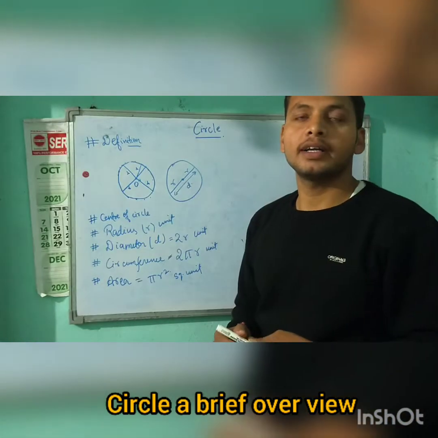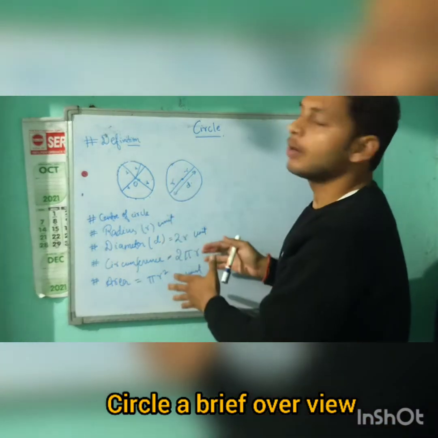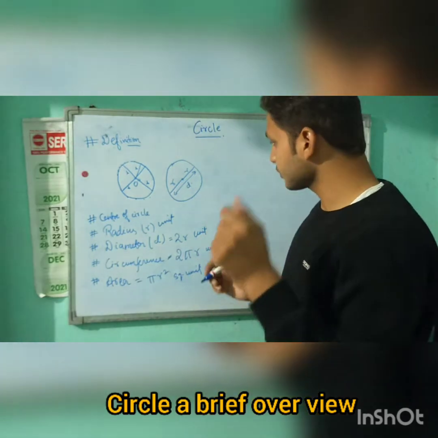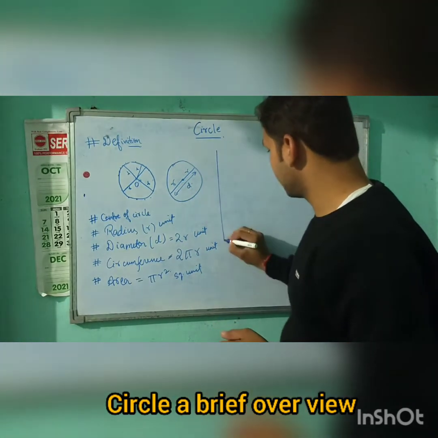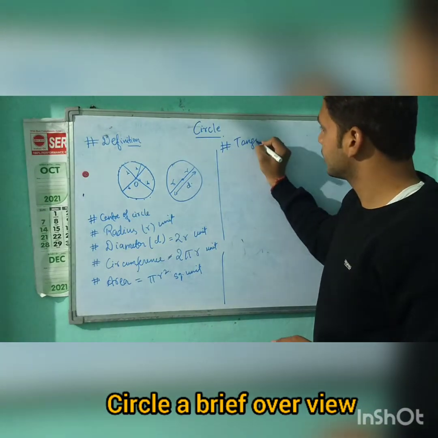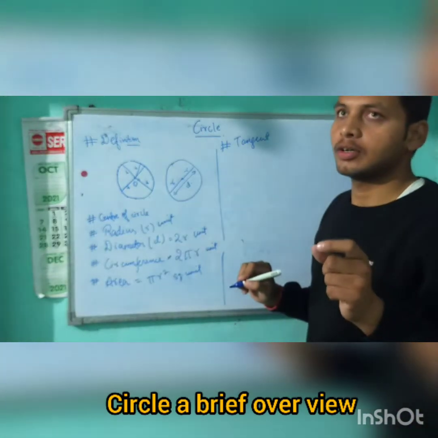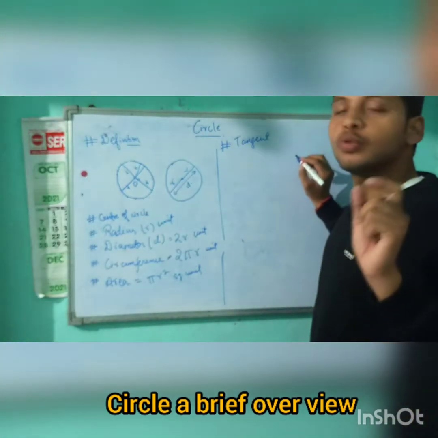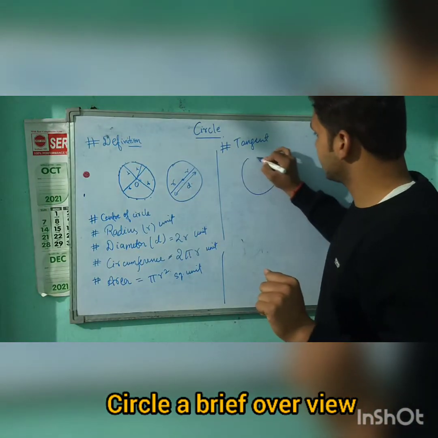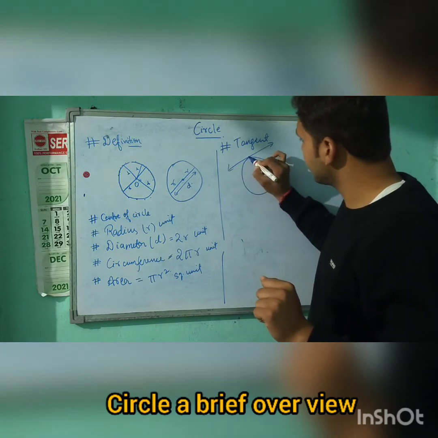Now we will find more interesting things. After this concept we will learn what is tangent and what is secant. So first, tangent. What is a tangent? Suppose there is a line which passes through a point and touches the circle at only one point.